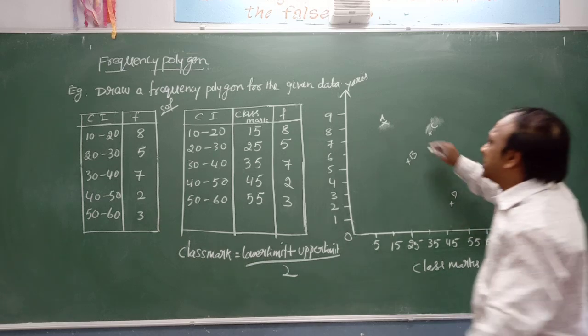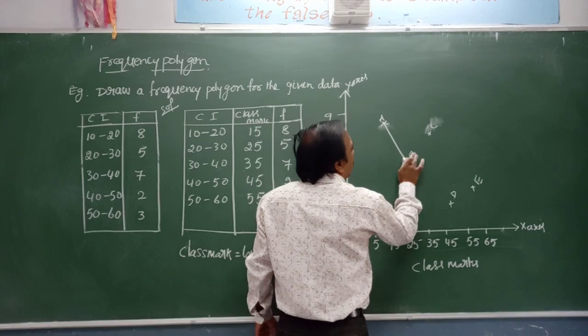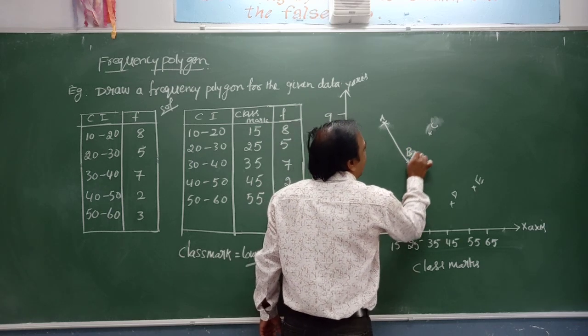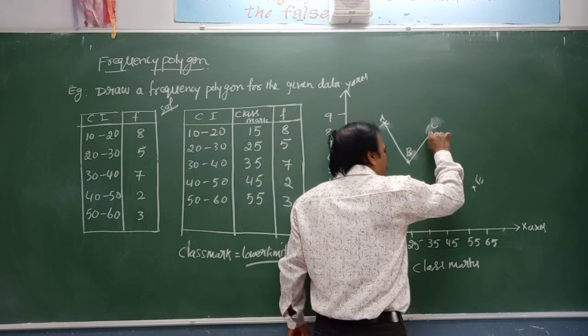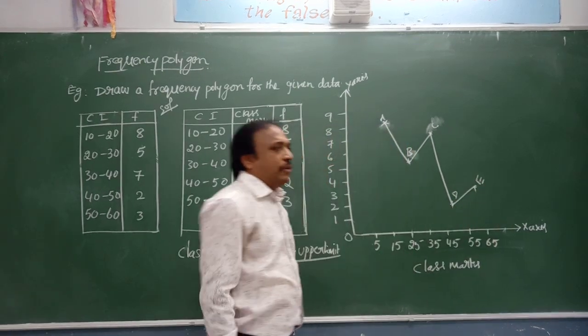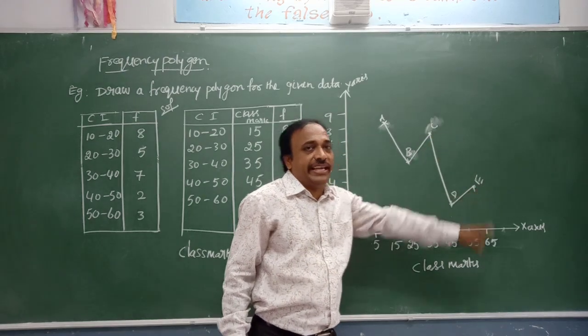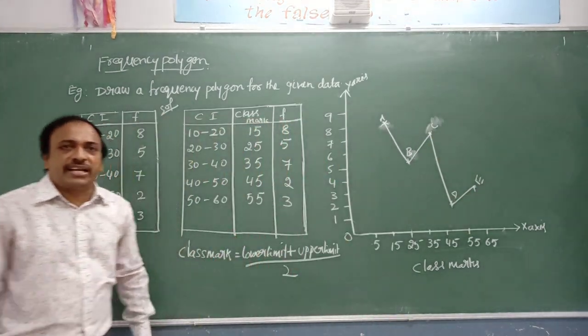Now join first A to B, then B to C, then C to D, then D to E. Now, is it a closed figure?